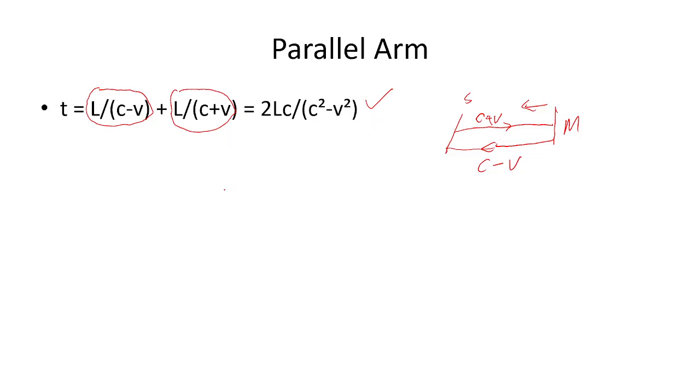Okay, now the perpendicular case, when the splitter sends half toward the mirror, in fact it will not move this way, it will move that way, in this direction, because the apparatus is moving with the splitter.